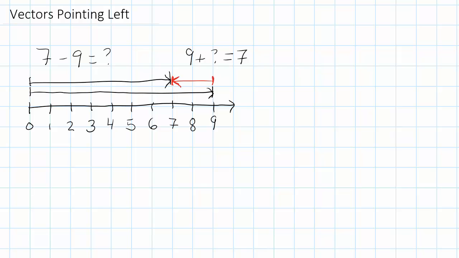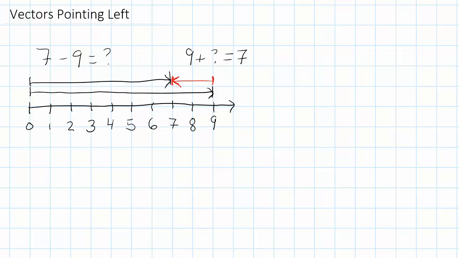Well, this odd little vector pointing to the left. If we want to do what we did before and move this little vector to begin at 0, well, 0 can't be by itself at the leftmost edge of the paper anymore.